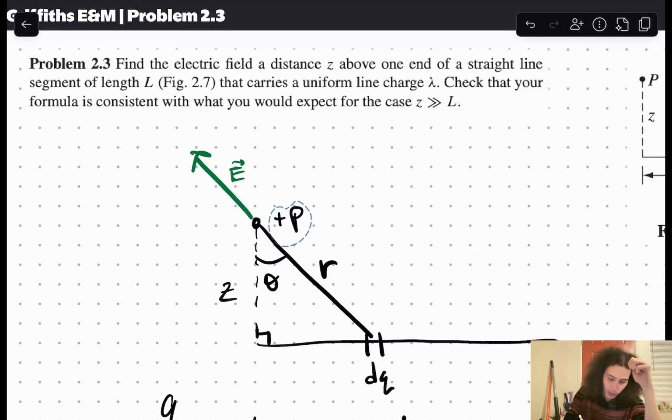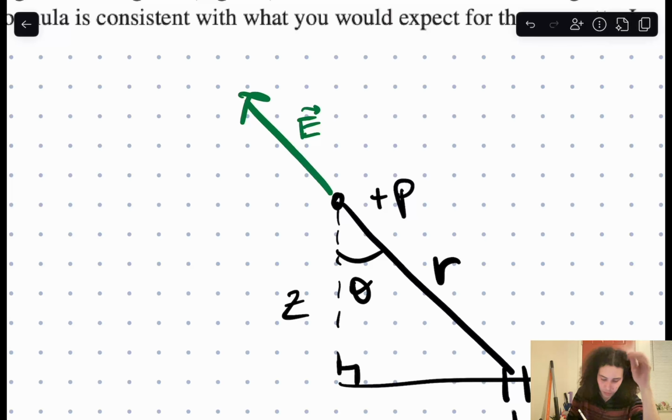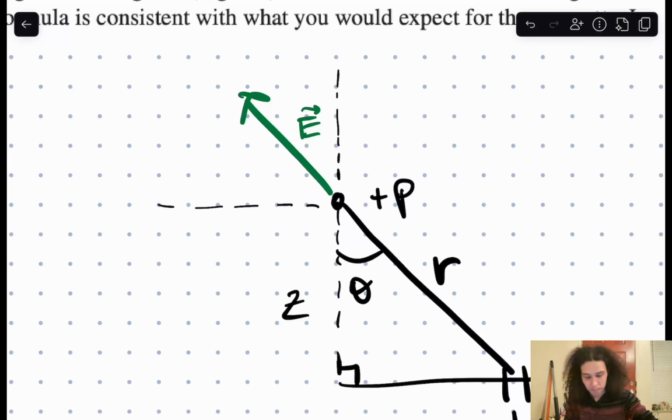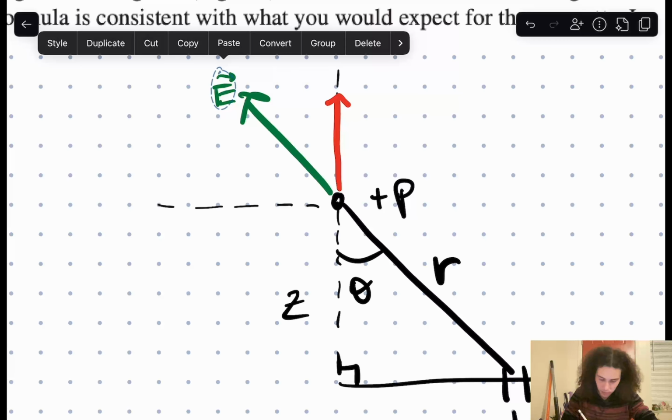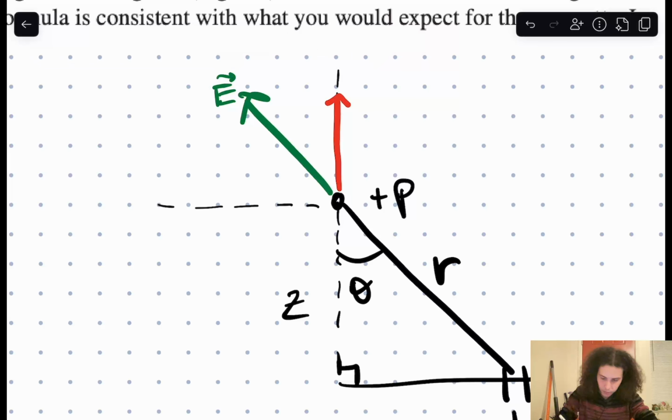Now let me move this point P somewhere over here. Alright, so now we have to draw the components of this vector. We extend the y-axis and we extend the x-axis. I'm going to say that y will be red. Say this is EY, and this here is going to be EX.